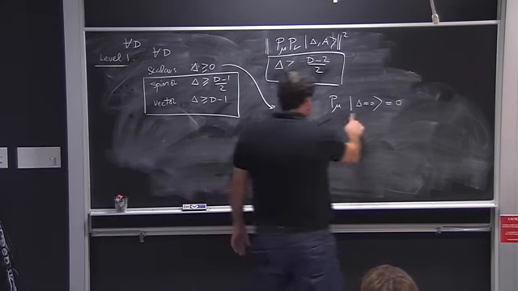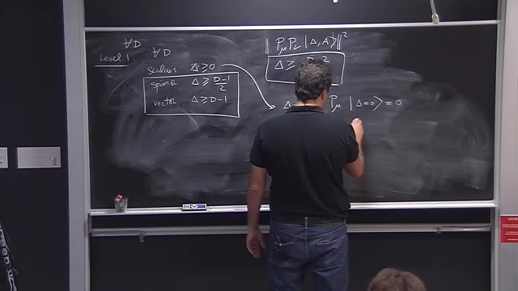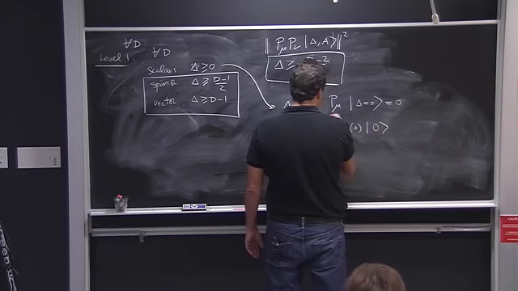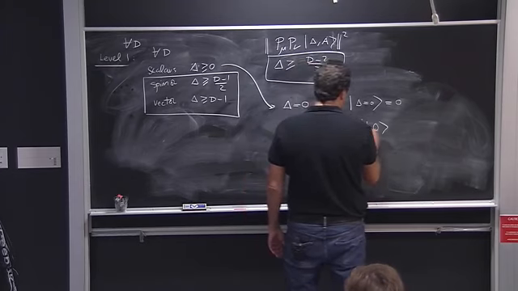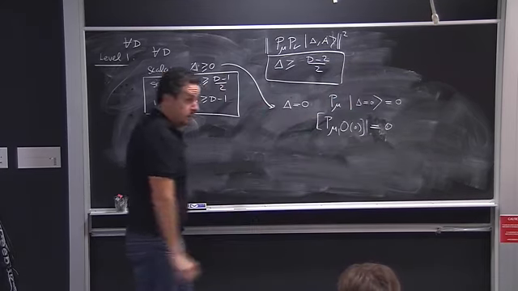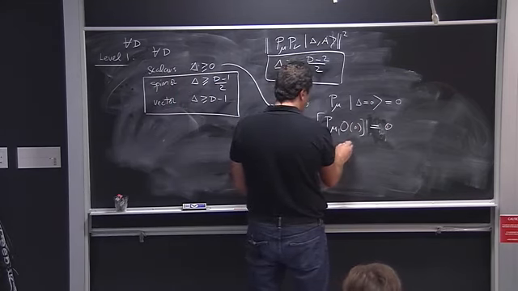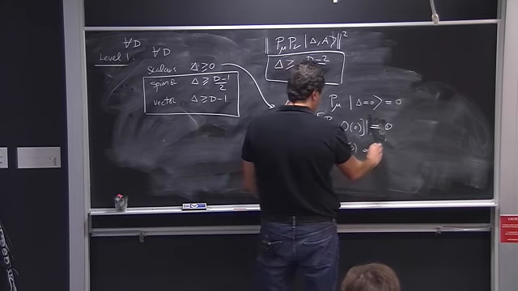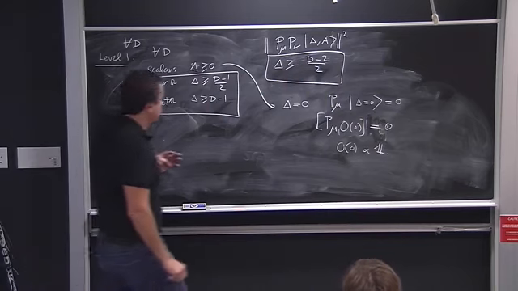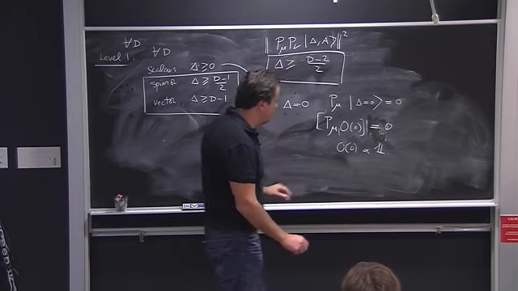This means that the operator that created this state, so imagine this state was created by O at 0, acting on the vacuum, is 0. What this implies is that the operator that creates such a state is the translational invariant one, proportional to the identity operator. So in a conformal field theory, the only operator that has dimension 0 is the identity operator.